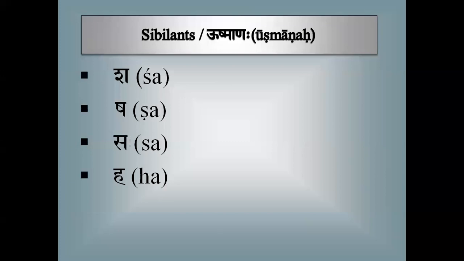We are not talking about the enemy. We are offering our namaskara to Hari, Mahavishnu. The sound comes from the throat only, but a is a vowel, ha is a consonant. Okay, this is about the sibilants sha, sha, sa, ha, and we will see their place of pronunciation.